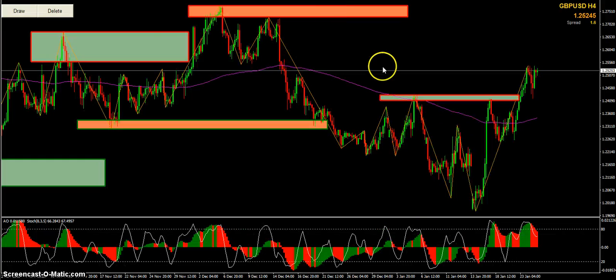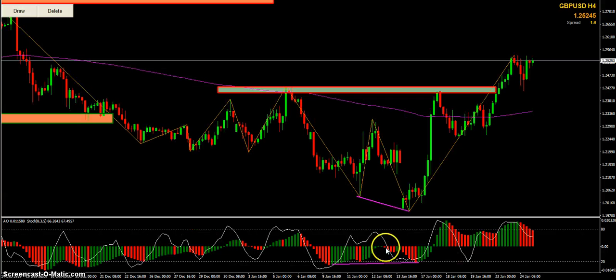We jump down to our 4-hour charts, and first thing we want to identify is our lower low in price with our lower AO. So what we see is this price has stepped down and this AO has stepped down. But if you're familiar with the way we trade, if I zoom in a little bit, you can see it just didn't come back to the zero line. It was very close, but just not enough to confirm a clear AO divergence.